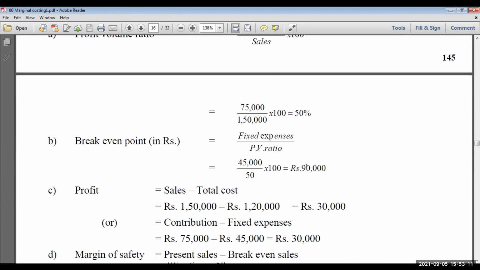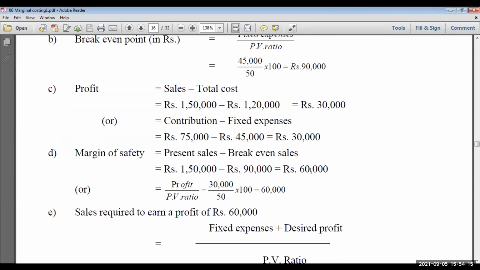Margin of safety. What is the margin of safety? Is it 60,000? Yes, sir.